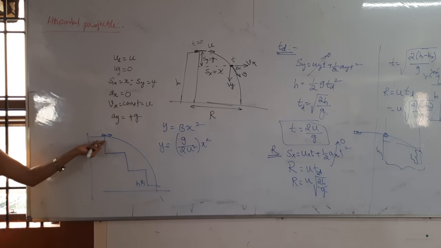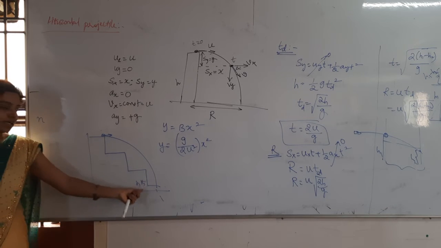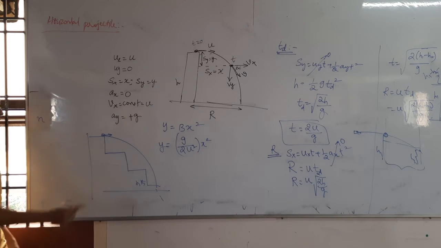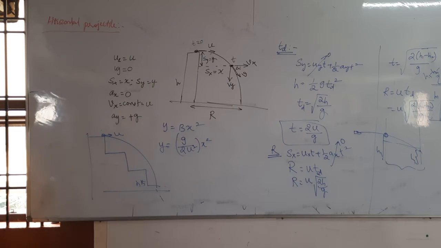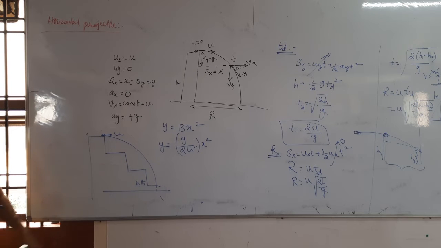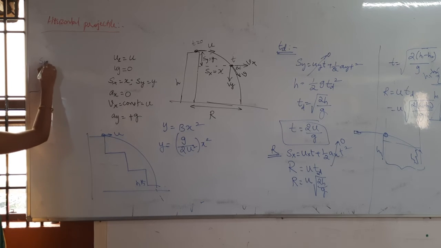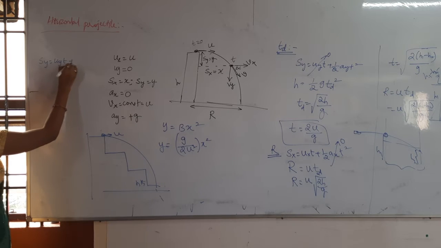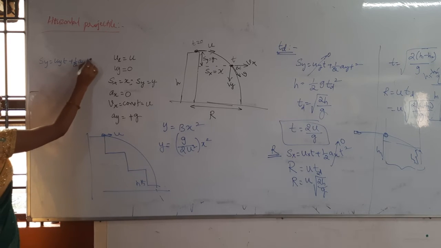Rolling from the top of a staircase and then falling on the nth step. Then it is rolling with a horizontal velocity, how much? Nothing but u. Then you have to find out the n value. What can you do there? You can find out the range and then you can find out the height. Total height is equal to what? Sy is equal to what can I write? uyt plus half ayt square.